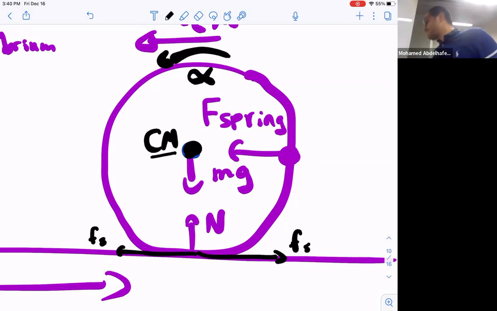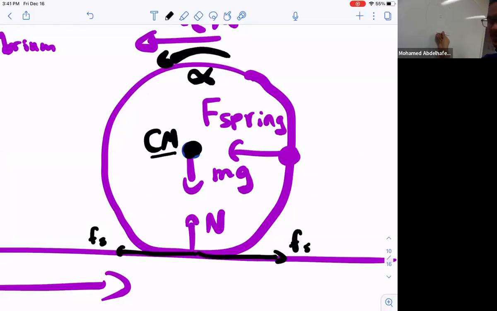So I'm saying this guy is accelerating with ACM to the left. So it has to have an alpha in this same orientation here. So the only force creating torque about center of mass is static friction from the ground here. If static friction is to the right, then the sense of rotation it's trying to create about center of mass is like this.